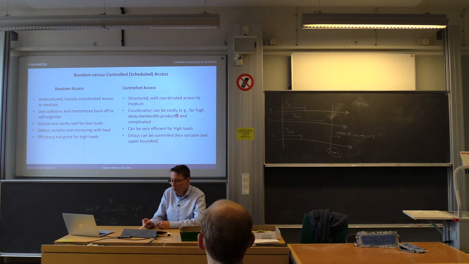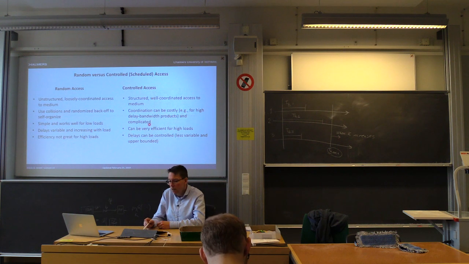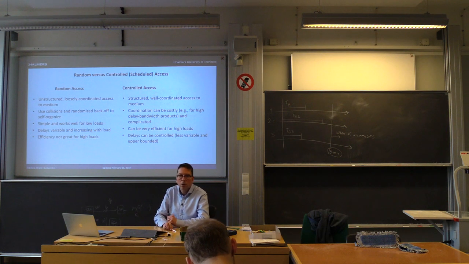Now, coordination here could be costly, right? For instance, when we have high delay bandwidth products, and could be a little bit complicated. But the good thing is that it can be very efficient for high loads, and delays can be controlled. But if we have fairly low loads, we might as well go with random access.